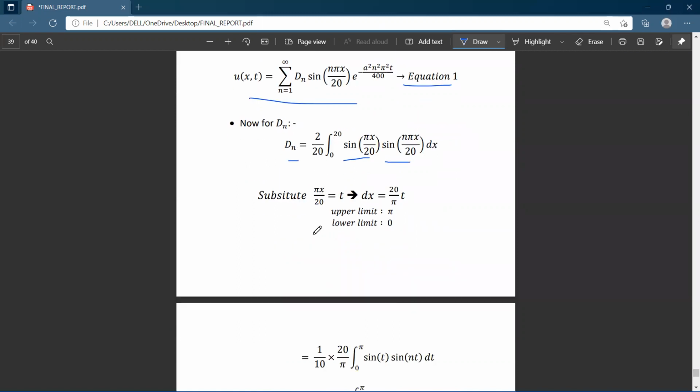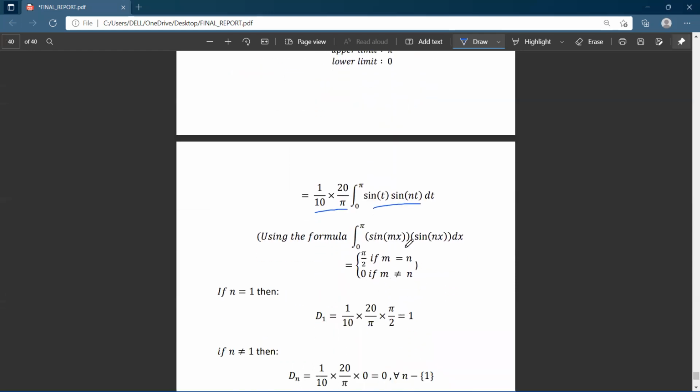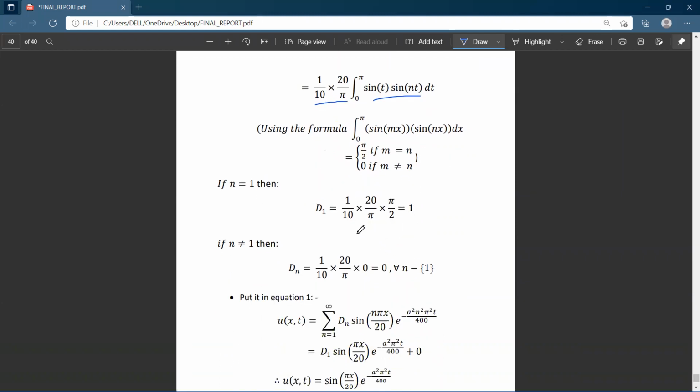I substitute pi x/20 as t in this integral, and we reduce the integration to 10 into 20/pi times the integral from 0 to pi of sin t sin nt. For m equal to n, if n is equal to 1, then we get 1; for any other value we get 0 using this formula.